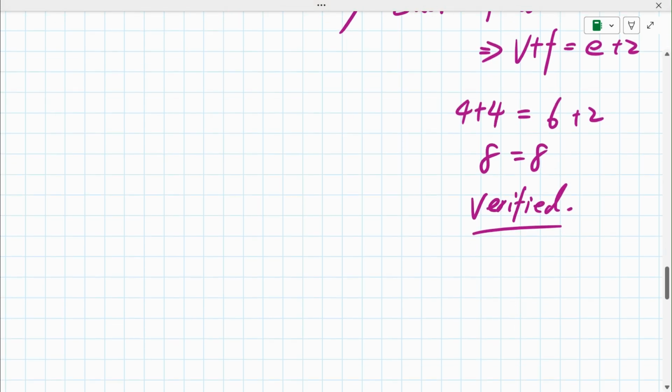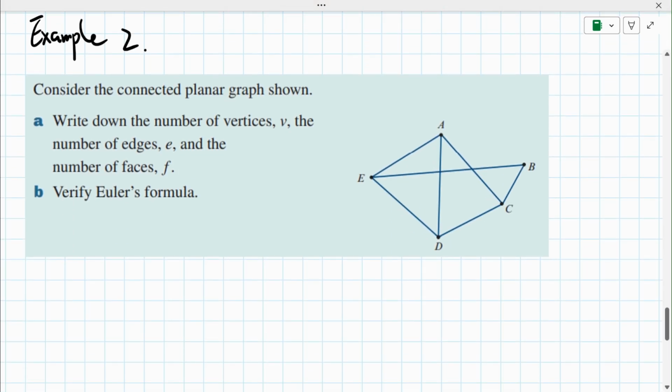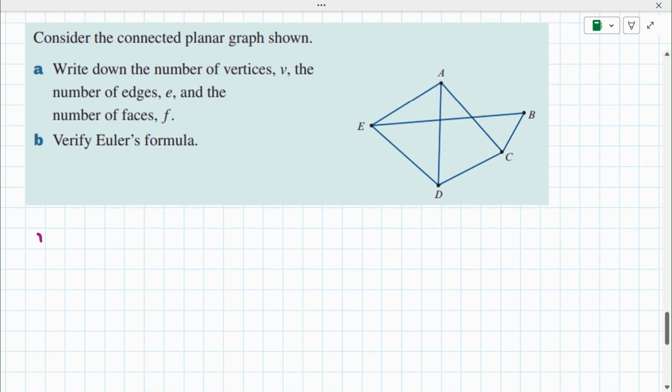Another example I want to show you. First, we need to rewrite it as a planar graph, but we can see clearly there is a crossing. So I'm going to change this graph. A to E: we connect that, which is fantastic. Sorry, that's not a straight line at all. A to C is connected, perfect.